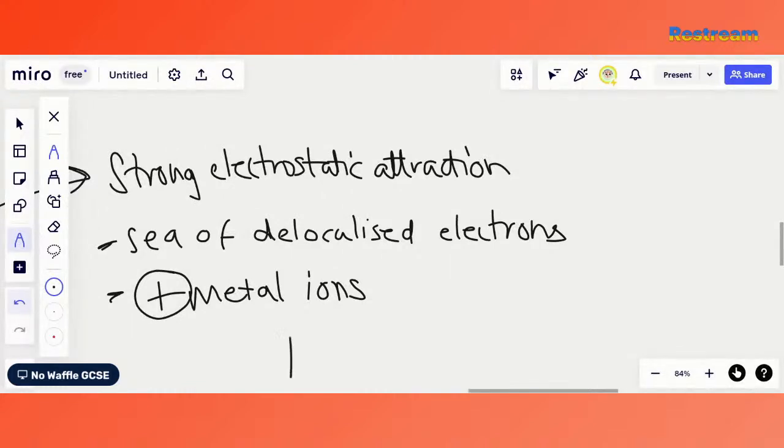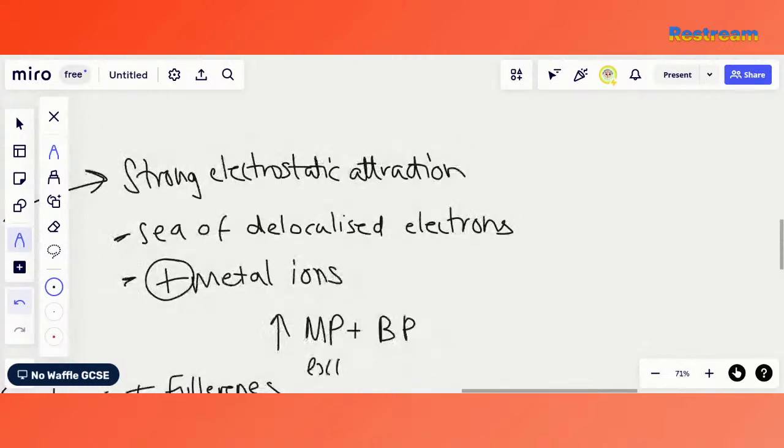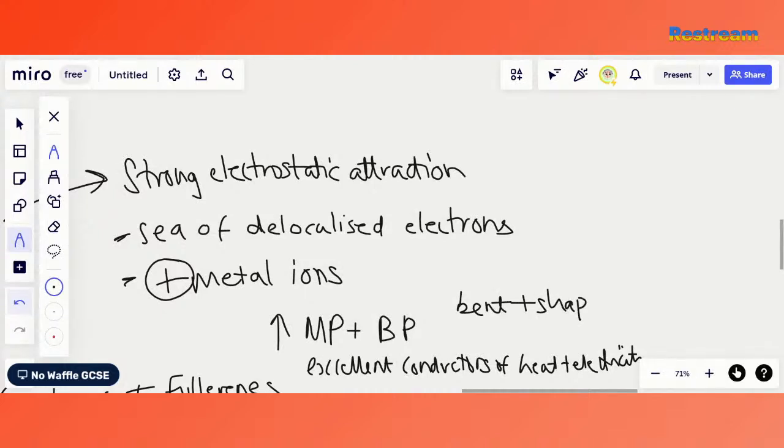There's high melting points and high boiling points. They're excellent conductors of heat and electricity. And metals can be bent and shaped into things like alloys.